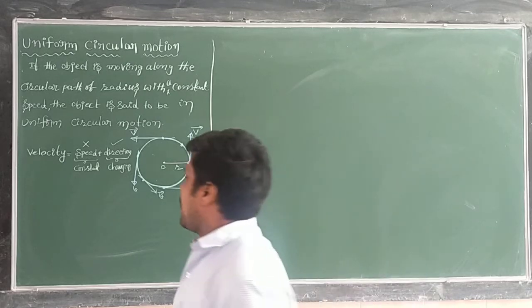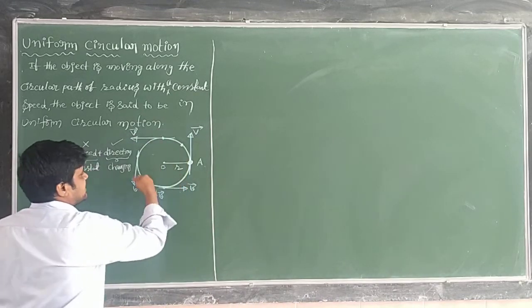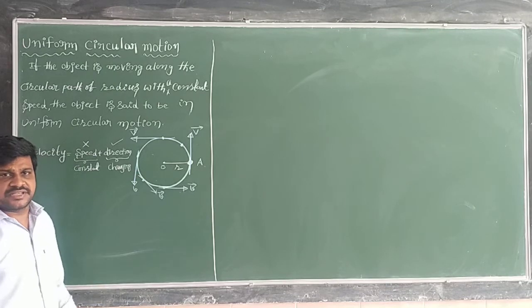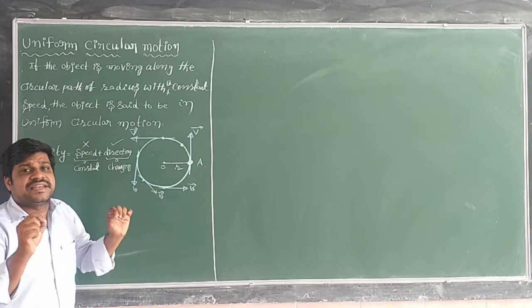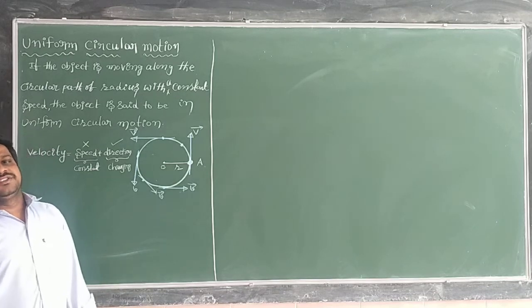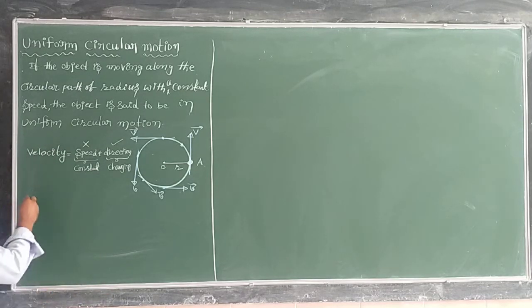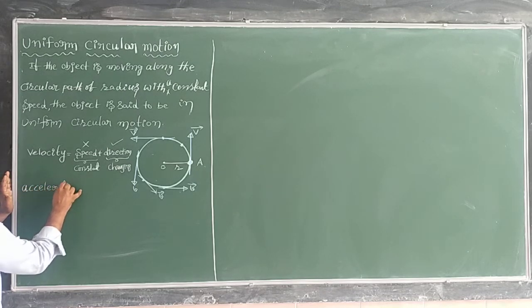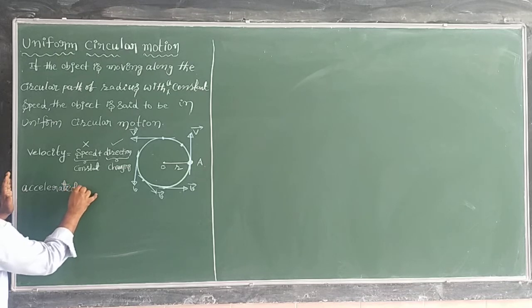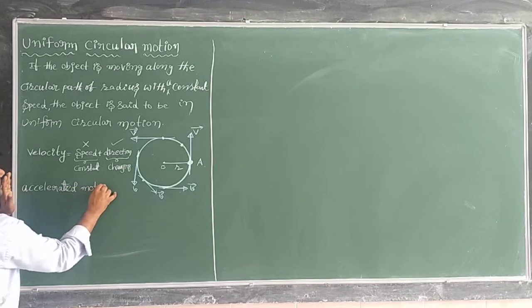When the object is moving along the circular path, its velocity keeps on changing. If velocity is changing, then the motion along the circular path is accelerated motion.